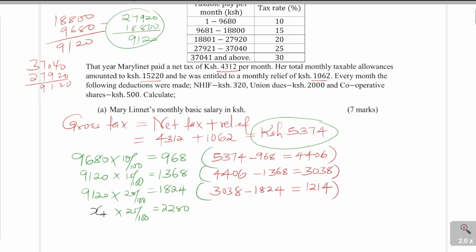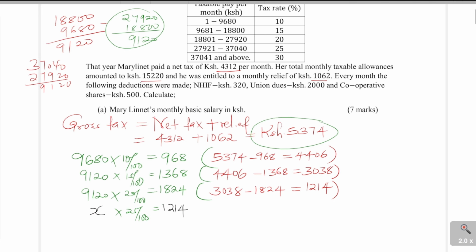So we will let the amount that will be taxed in that slab be X at the rate of 25%, and that should give exactly what is remaining from the previous slab, that is 1214. Now when you add all these taxes, 968, 1368, 1824, and 1214, that should be exactly 5374. It should not exceed. But by going with that figure 9120 here, you saw the figure was exceeding.